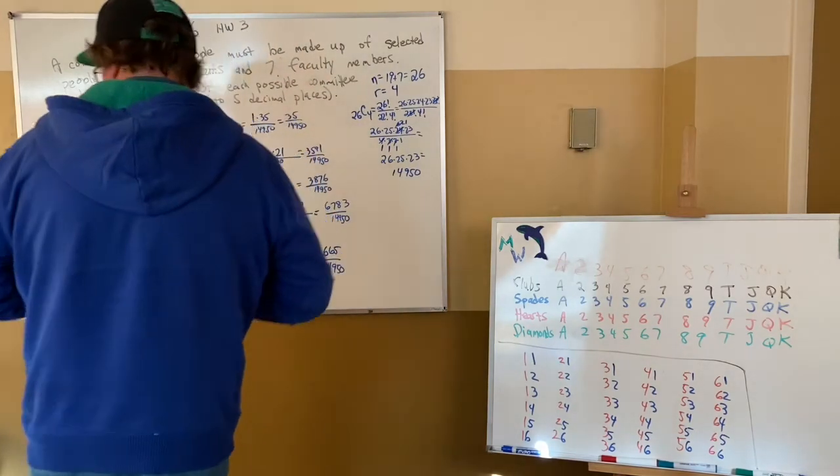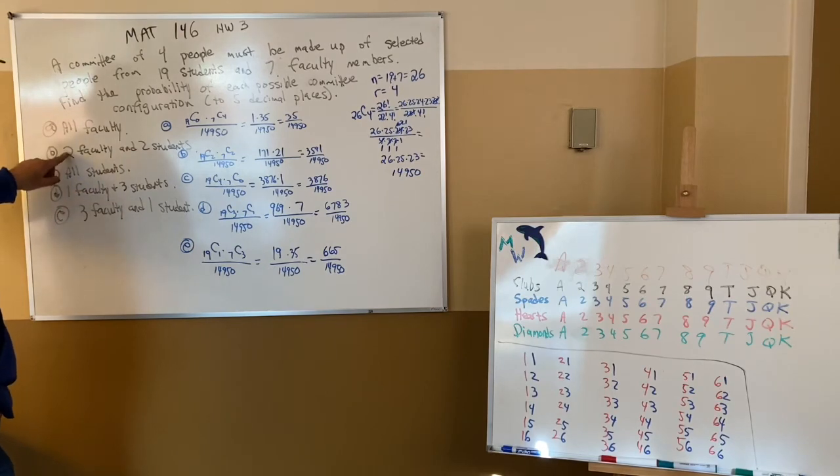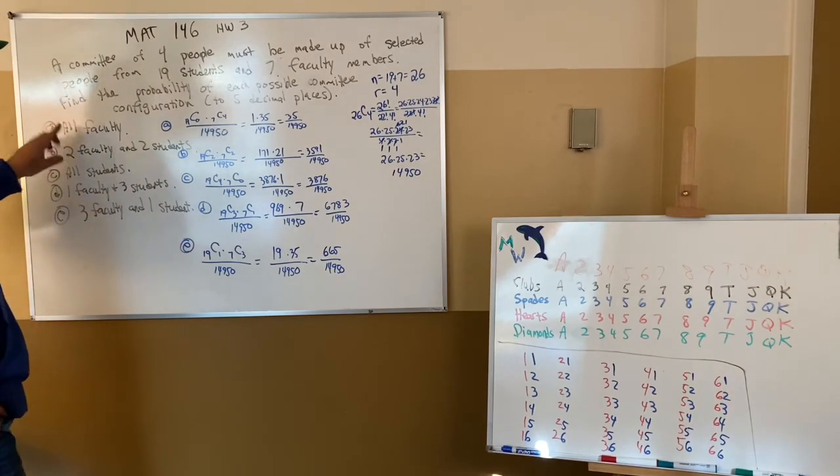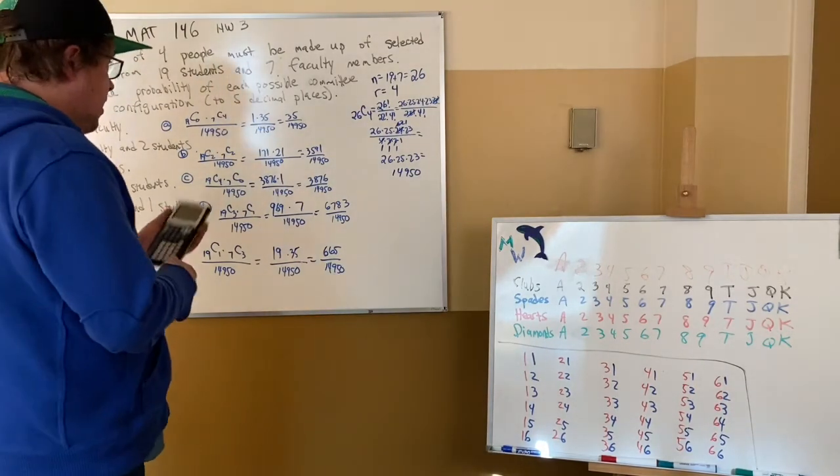Now, because it has 0 faculty, 1 faculty, 2 faculty, 3 faculty, and all 4 faculty, everything is covered. Therefore, my numerators should add up to 14,950.